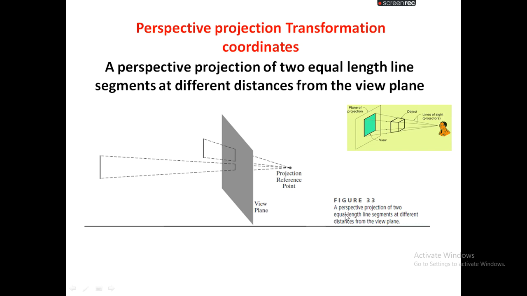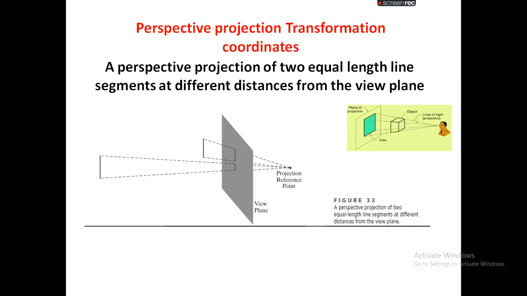See the mouse pointer. A perspective projection of two equal length line segments at different distances from the view plane creates two different images on the projection plane with two different sizes.